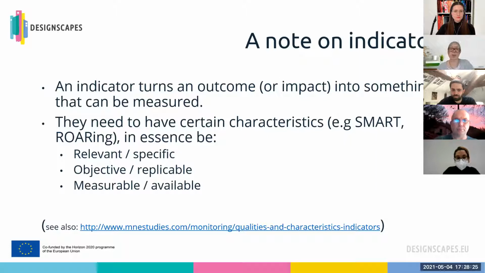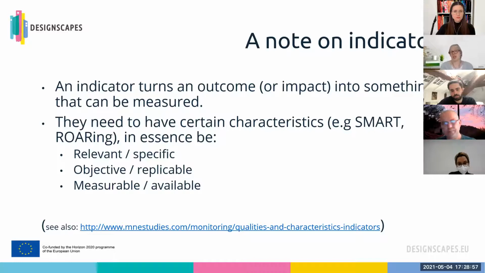You might probably be quite familiar with that, but I think it's useful to remind ourselves about some of the key features of an indicator, because I personally find indicators quite tricky to construct, and there are various frameworks, including SMART and Boring and a number of others, but essentially trying to make indicators relevant and specific to the outcome that we're looking to construct.